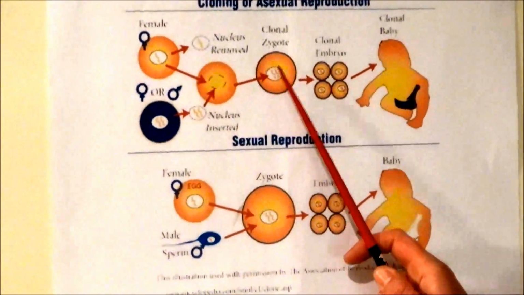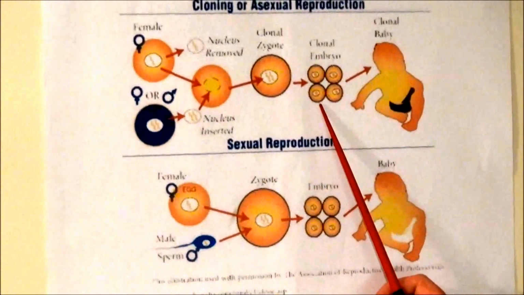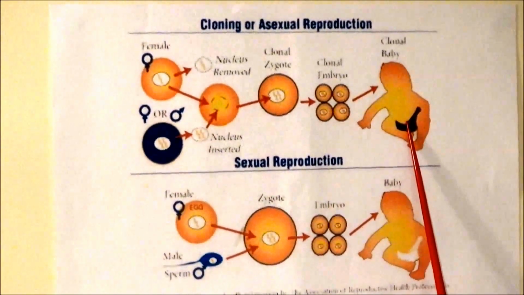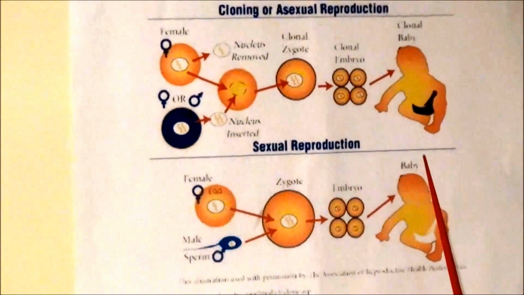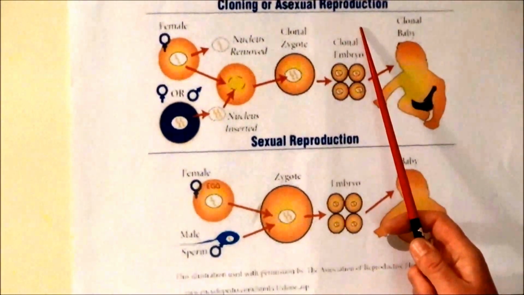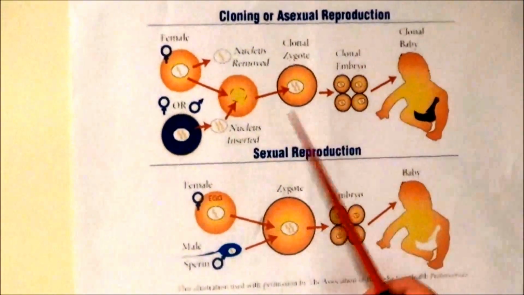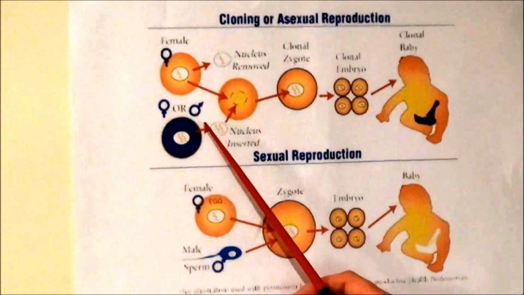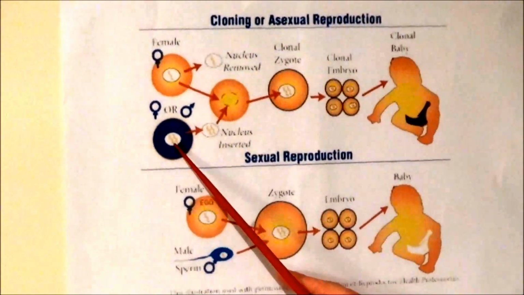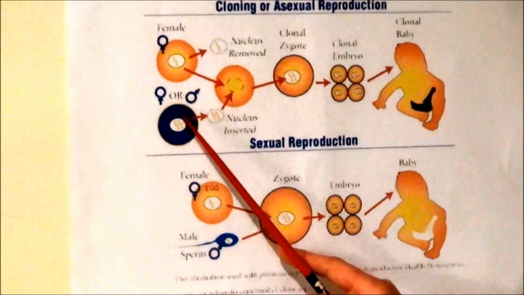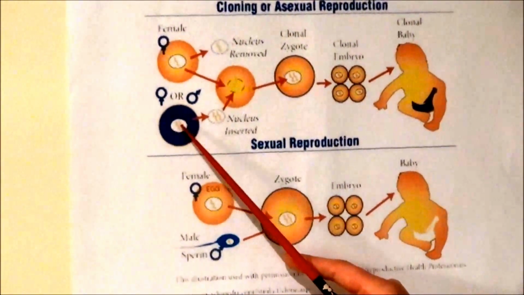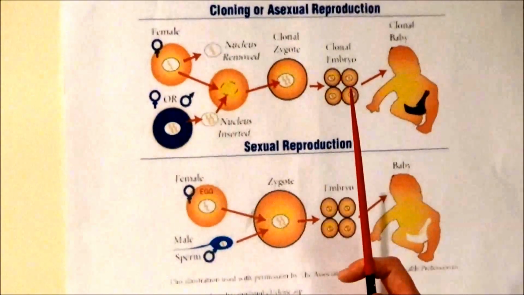That becomes the zygote, which multiplies and becomes an embryo, and then eventually a baby. Now, a baby born with asexual reproduction is virtually identical to whomever's somatic cell nucleus is being used. And note that the somatic cell can be from either a male or a female. It doesn't matter. The only thing we're concerned with is that we get that nucleus out of there.